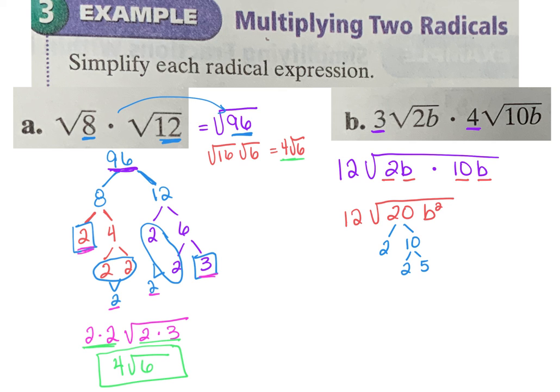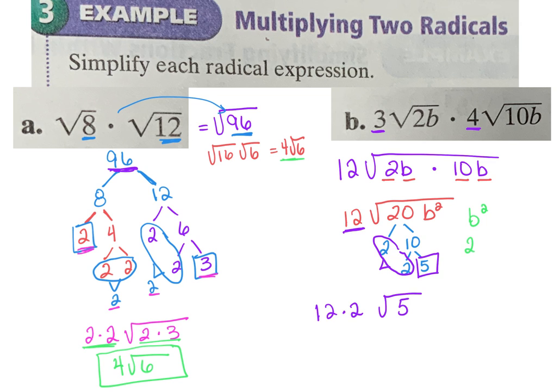And so on the outside, we're going to have this 12, which was already there. These 2's pair up, so we can take a 2 out. This 5 does not have a pair, so it stays in. For the b, we have b squared.